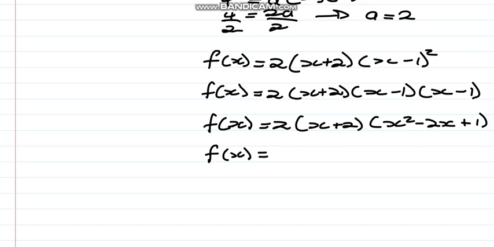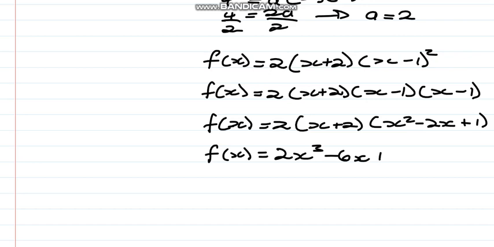Okay, so if I multiply those out, I'm not going to multiply all of them, but if you multiply them all out, you should get 2x cubed minus 6x plus 4.